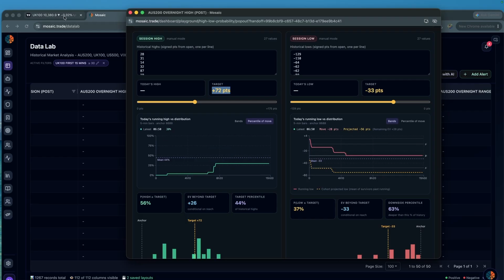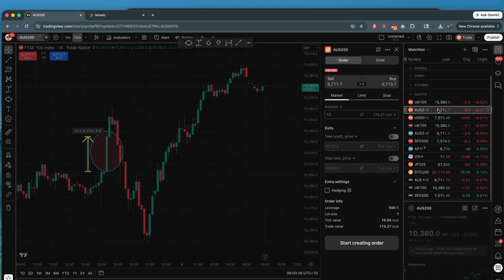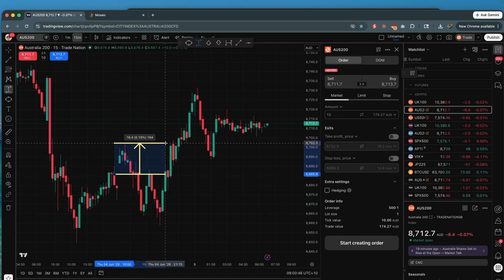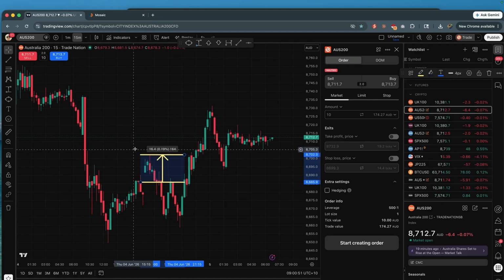Okay, so what I kind of want to highlight here is that you can see around that same time, we obviously had this aftermarket fall again, which if you remember from yesterday, 93% of the time we're going to break these lows overnight. But at that same time that the UK rallied, the high of the night was around 16 points.